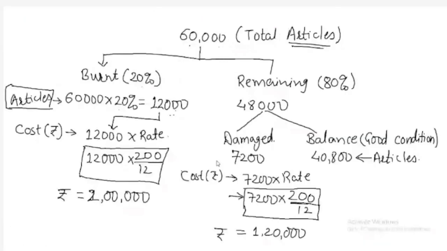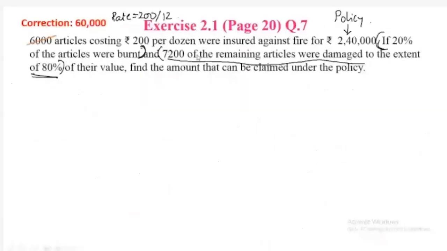What is happening here? How much is damage? 7,200 remaining articles were damaged to the extent of 80%.